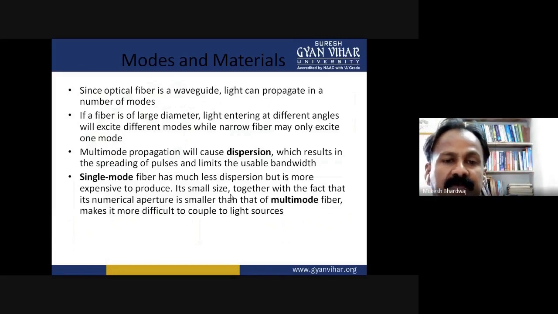Multimode propagation will cause dispersion, which results in the spreading of pulses and limits the usable bandwidth. Single mode fiber has much less dispersion, but it is more expensive to produce.